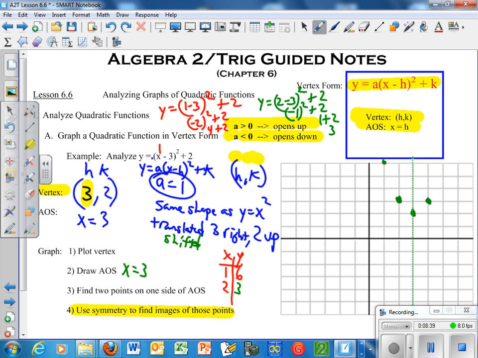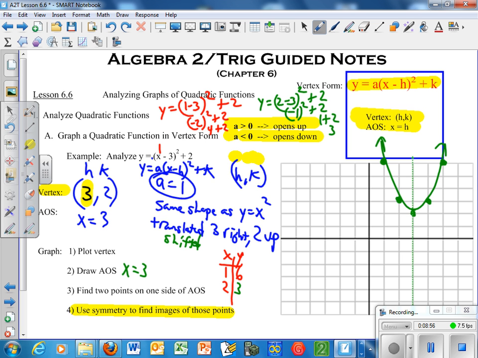These two would be symmetric to each other. And this is 2 units to the left of the line of symmetry, this point right here. So I'm going to plot 2 units to the right, which would be symmetric. And then you draw your parabola. So there's what that looks like.